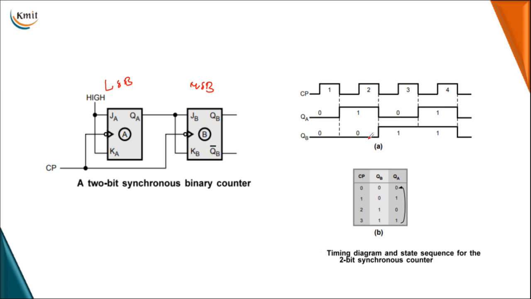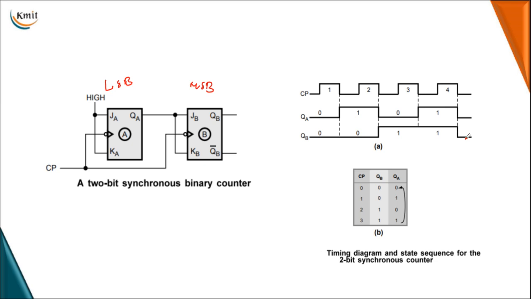When these two are 1, the state of the QB flip-flop toggles from 0 to 1, and this state continues till the fourth clock pulse trailing edge. On the third clock pulse, since QA is 0, the next state of QB is also logical 1. On the fourth clock pulse, since QA is logical 1, JB KB are logic 1, and the state toggles from 1 to 0.